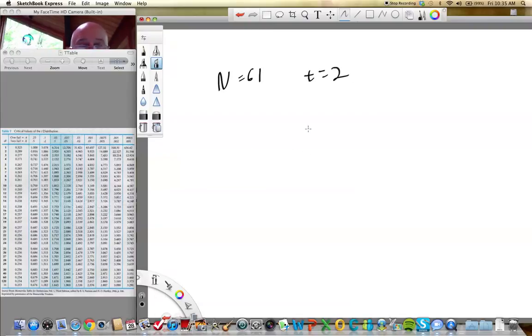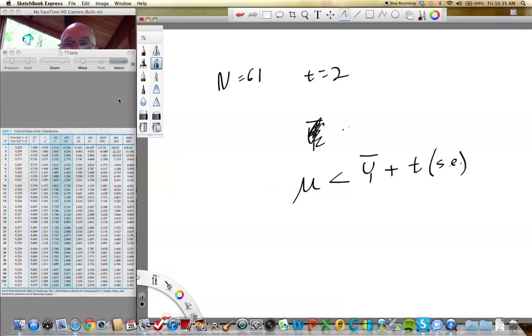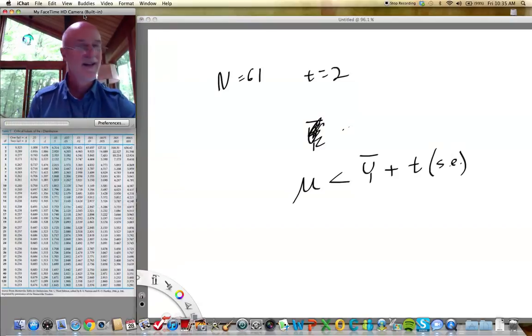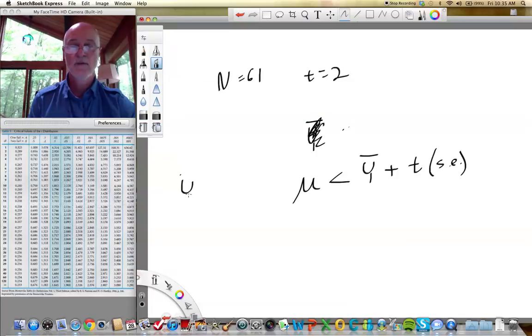If we want to generalize about it, a better way to write it would be mu is between y bar plus t times the standard error at the upper end, and at the lower end we have y bar minus t times the standard error.